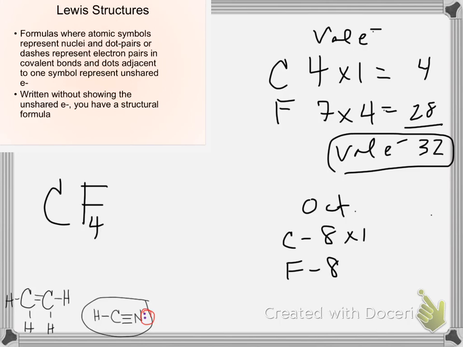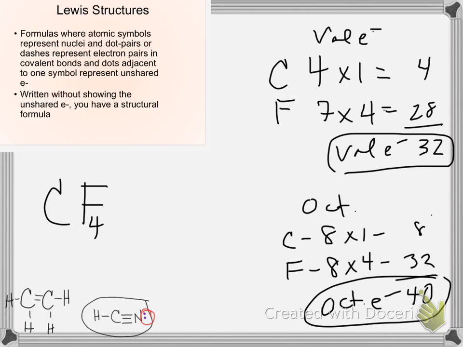It seems silly to ask when we're talking about octet, but remember that there are some things that are satisfied with less than 8. So we get here 8 and 32. Total number of electrons required for octet to be satisfied? 40.